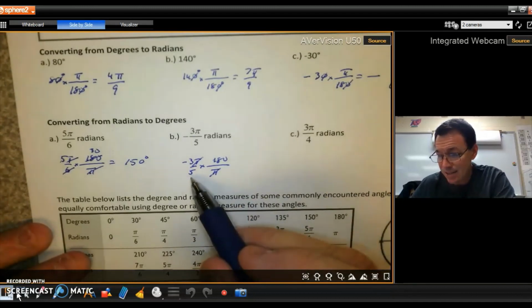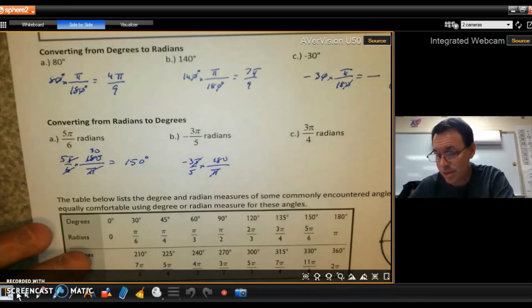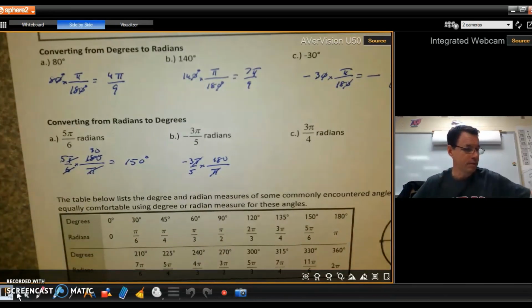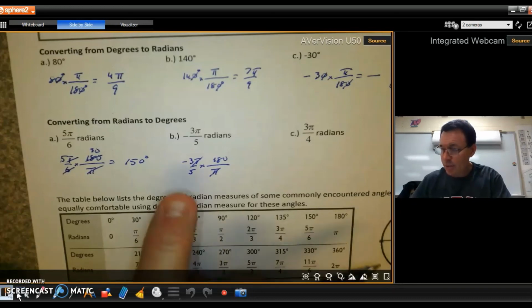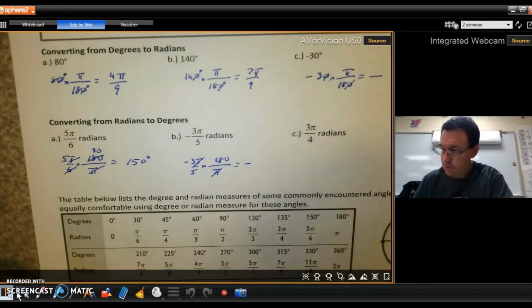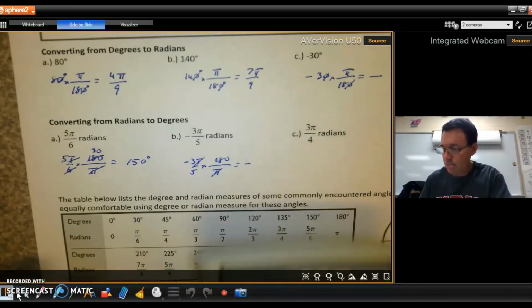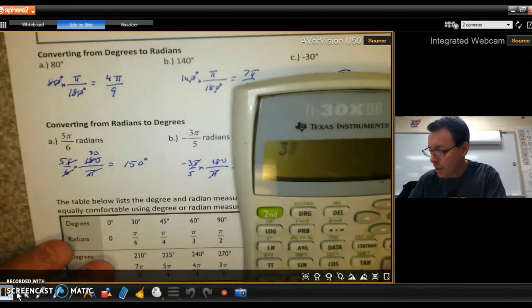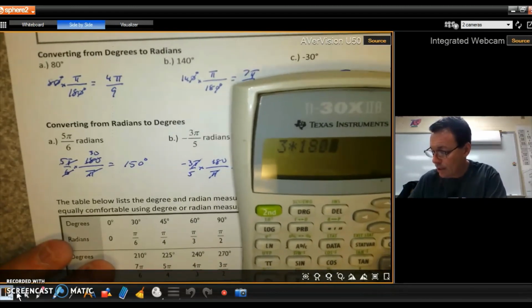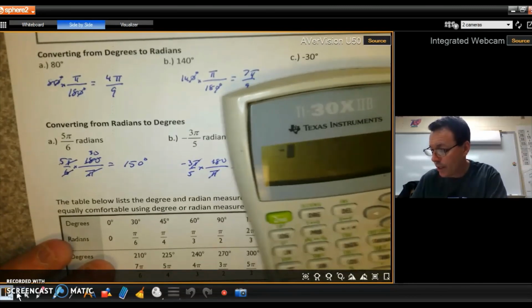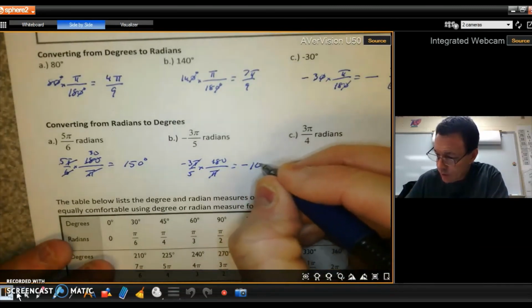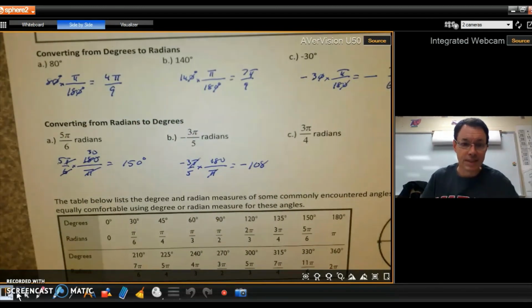You may not quickly see how many times 5 goes into 180, so maybe this is a time where you grab your calculator. It's going to be negative, and I'm just doing 3 times 180 divided by 5. You can do all that in one step. 108. So negative 108. That's it.